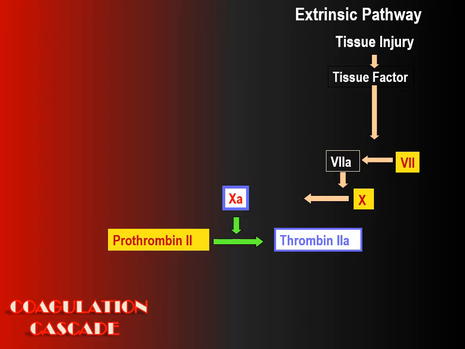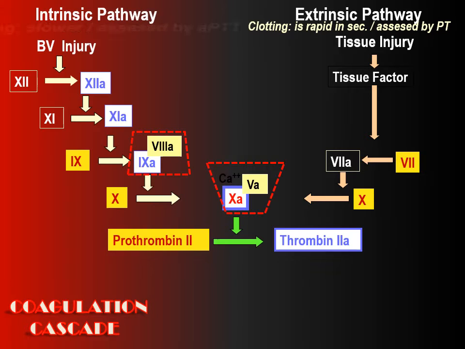Also, factor 10A can be activated through another pathway, which is the intrinsic pathway. The intrinsic pathway is initiated by blood vessel injury, which will activate factor 12 to 12A, which then converts factor 11 to 11A that acts on factor 9 to 9A.